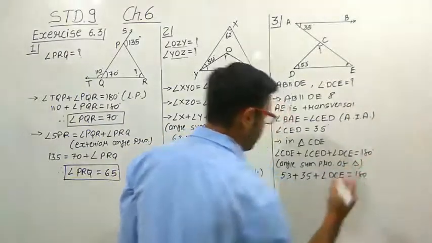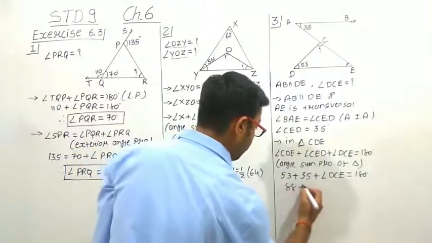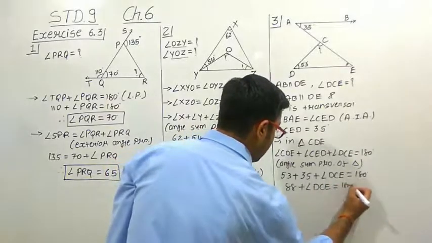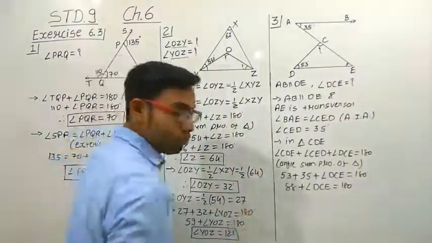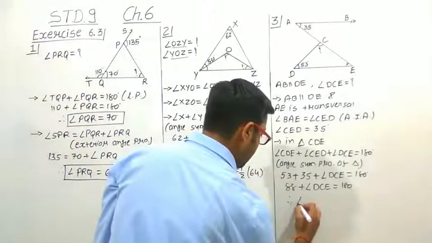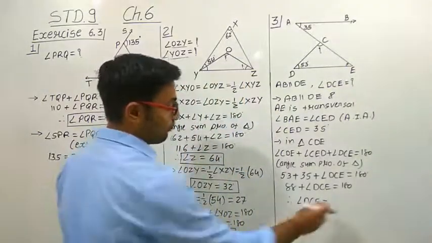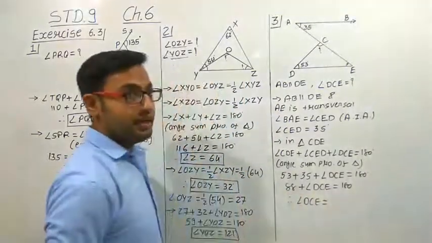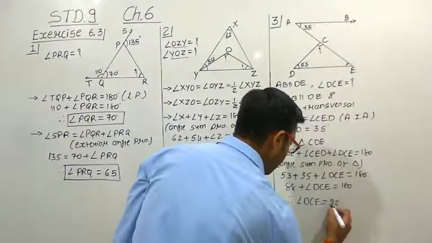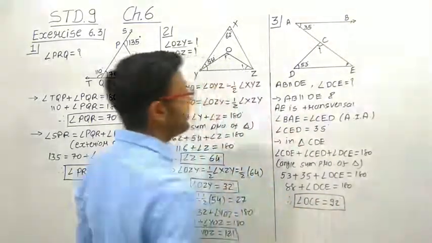Total is equal to 180 degrees. The addition of these two angles is 88, plus angle DCE is equal to 180 degrees. Taking 88 to the right hand side, angle DCE will be equal to 180 minus 88, that is 92 degrees. So this is the value of angle DCE.